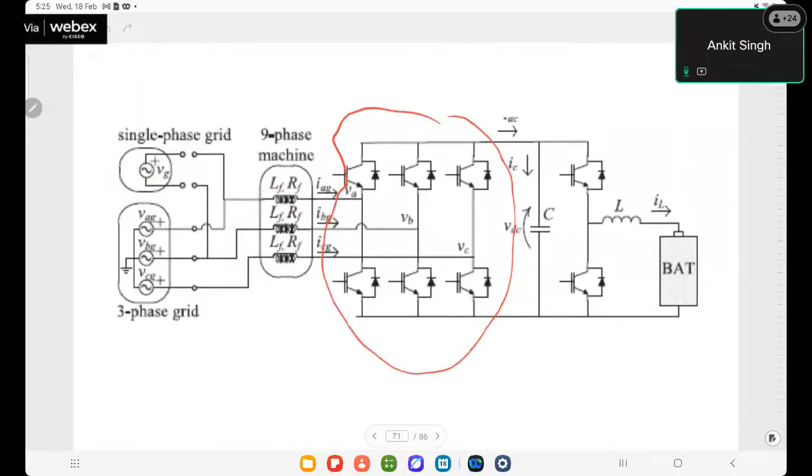If we want to add only three phase charging, there will be no mechanical switch requirement, because otherwise the winding configuration and reconfiguration take place and these mechanical switches are required.